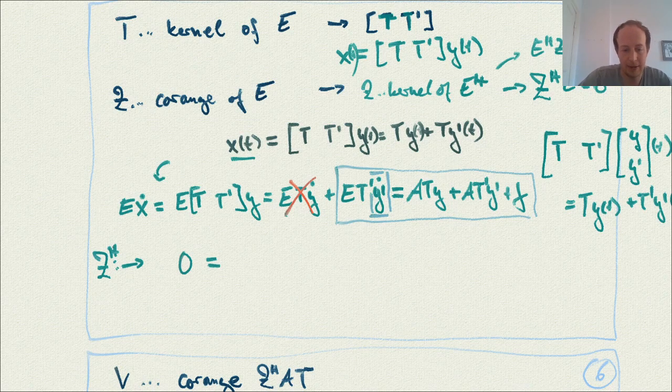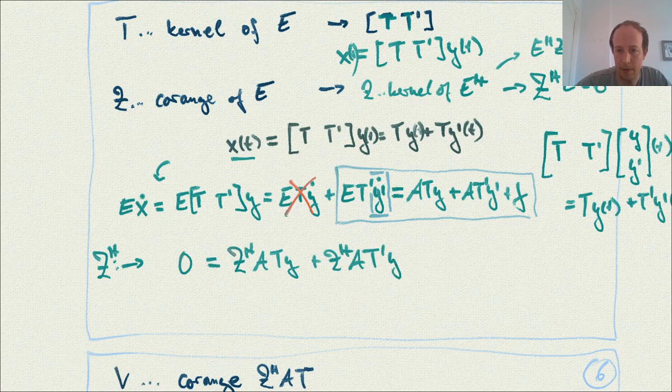Now we apply the Z^H to this, then we get a 0 on the left hand side, and we get Z^H A T y plus Z^H A T dash y dash plus Z^H f of t.